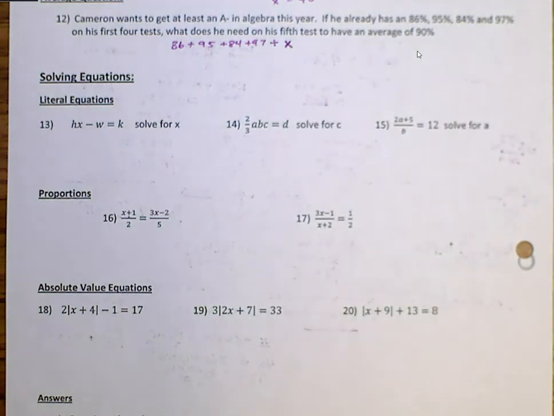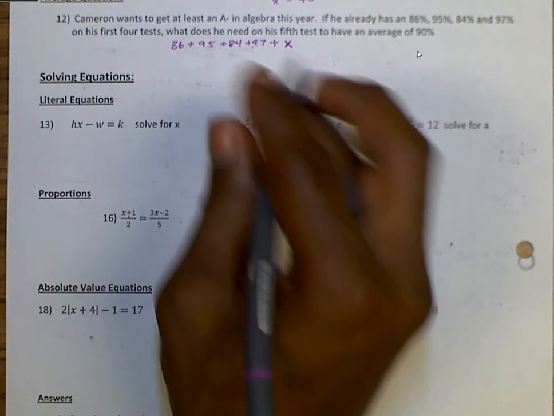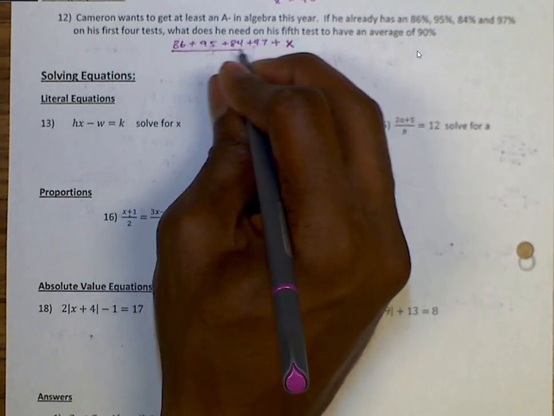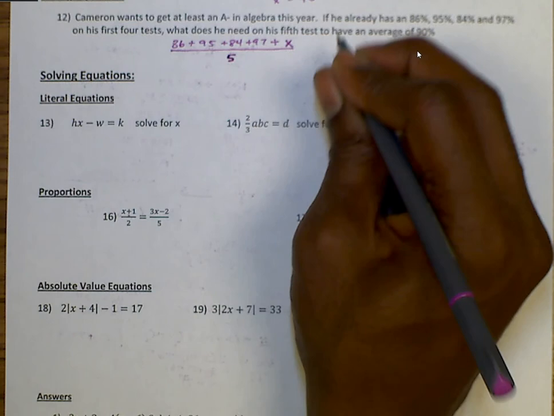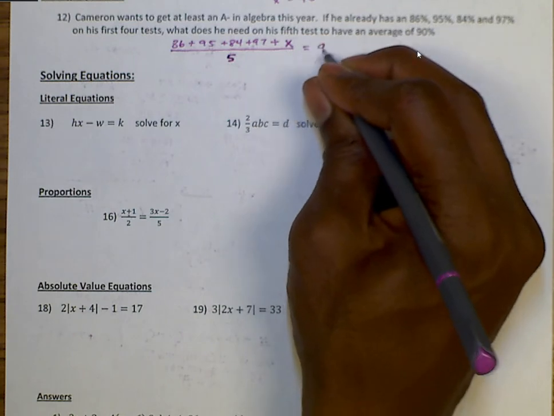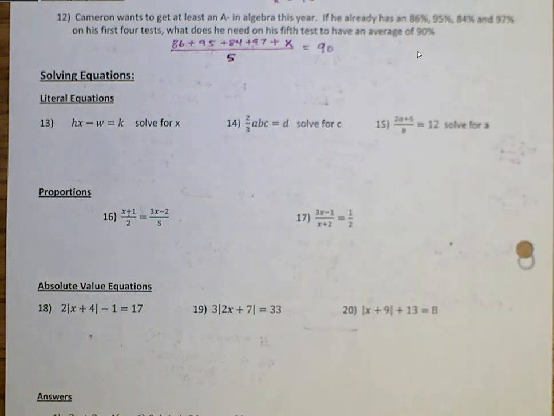Remember, when we find the average, it means we're adding all the things up and then dividing them by how many terms there are. In this case, there are 5. And we want that to equal at least a 90. So we're just going to say equals 90 here. We're not going to make it an inequality.